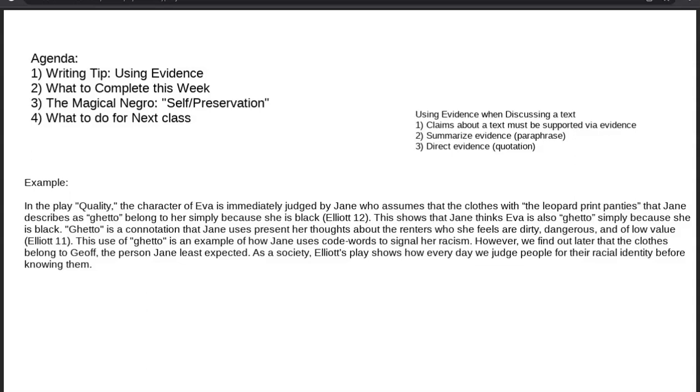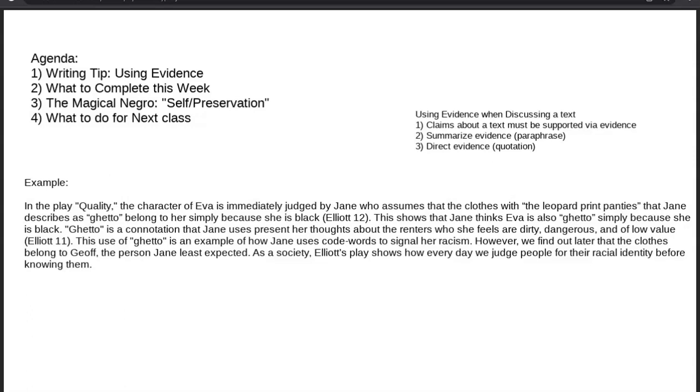This shows that Jane thinks Eva is also ghetto simply because she is black. Ghetto is a connotation that Jane uses to present her thoughts about the renters who she feels are dirty, dangerous, and of low value. The use of ghetto is an example of how Jane uses code words to signal her racism.